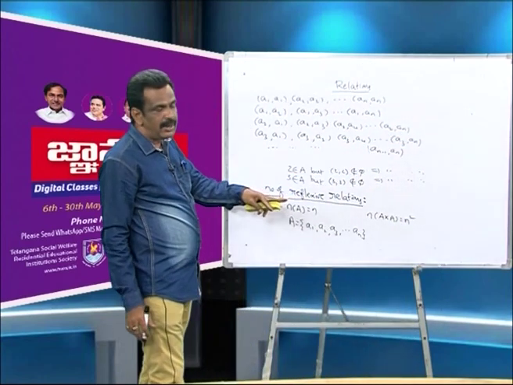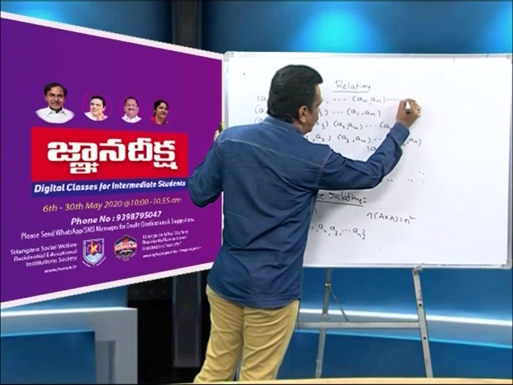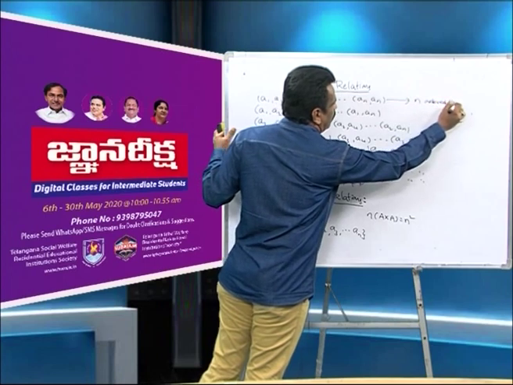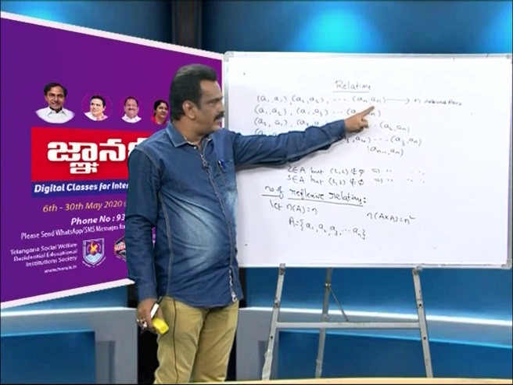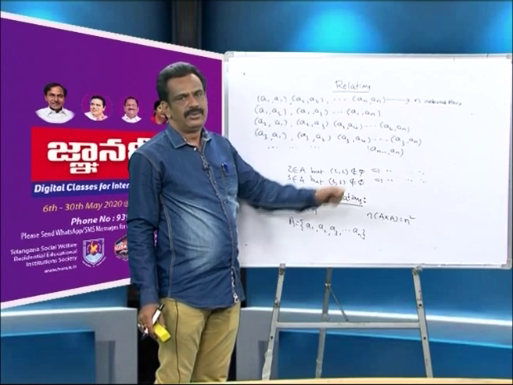These n square ordered pairs are of two types, I am taking. This is one part with n ordered pairs. These n ordered pairs are required to make a relation reflexive.